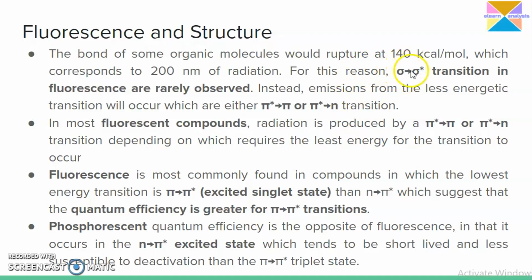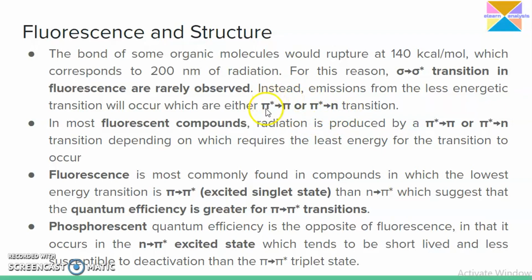We have 4 different transitions which we have discussed in UV visible spectroscopy, and this sigma to sigma star transition is rarely observed in fluorescence phenomena. Instead, the less energetic transitions like pi to pi star and n to pi star transitions are much involved in fluorimetry.